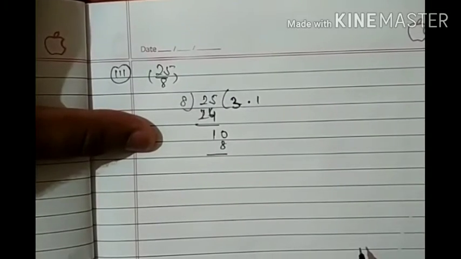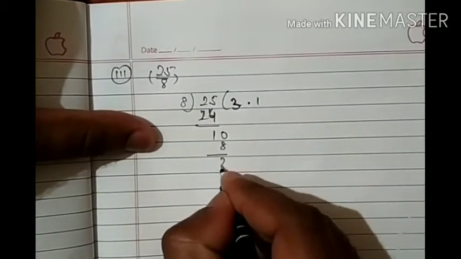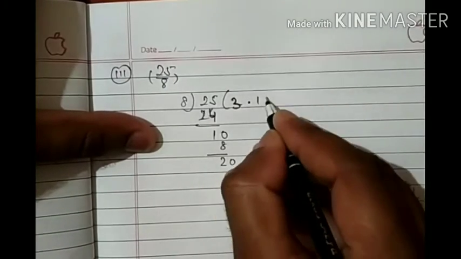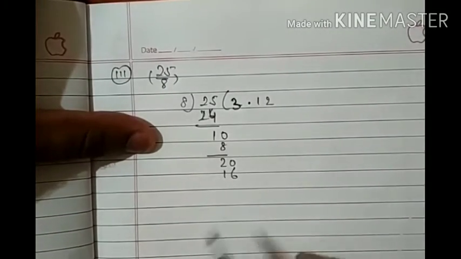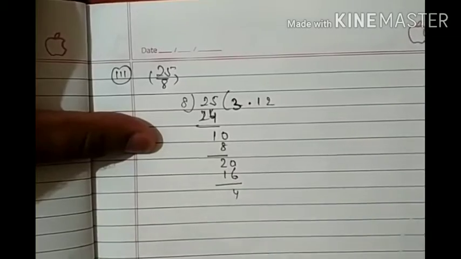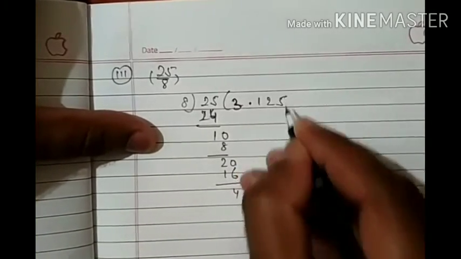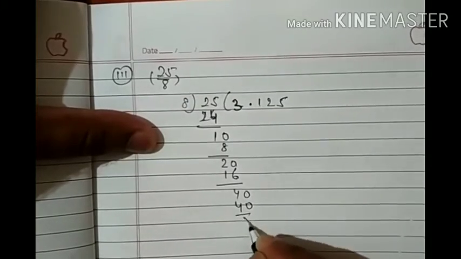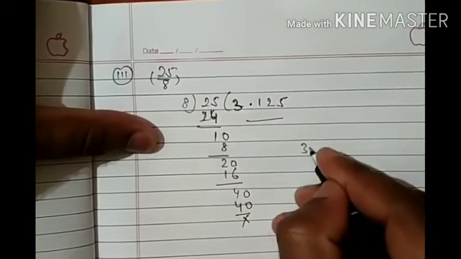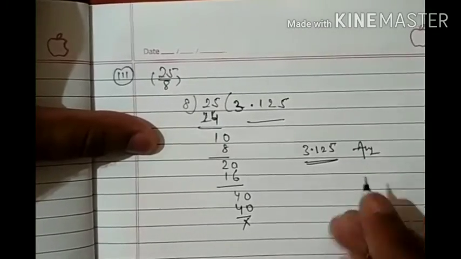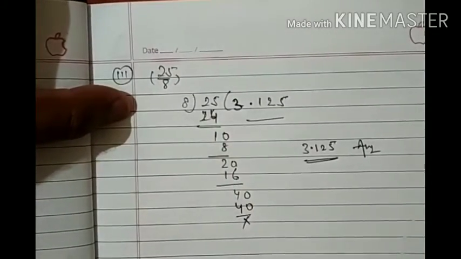We are left with 2. Since we have a point over here, we can put 0. 8 twos are 16. We are left with 4. Since we have a point over here, we can write 0. 8 fives are 40. 3.125. This is the decimal form of our question 25 by 8.